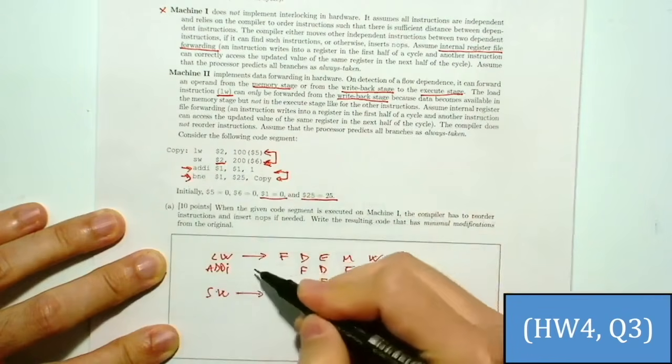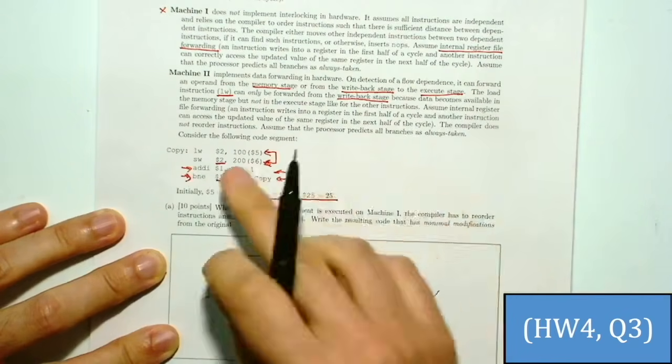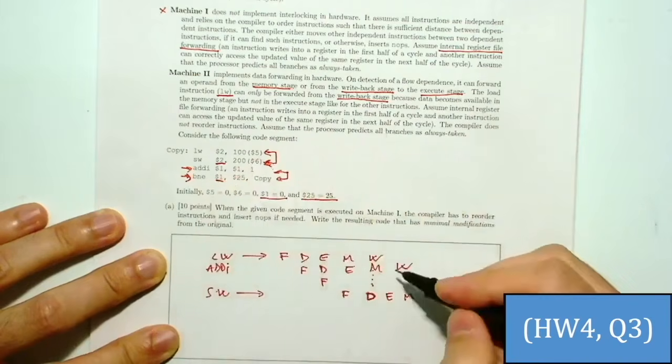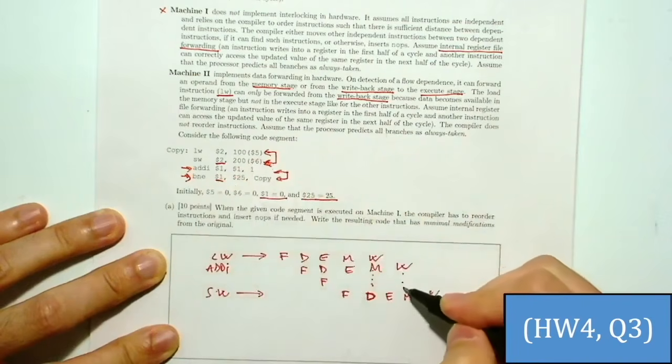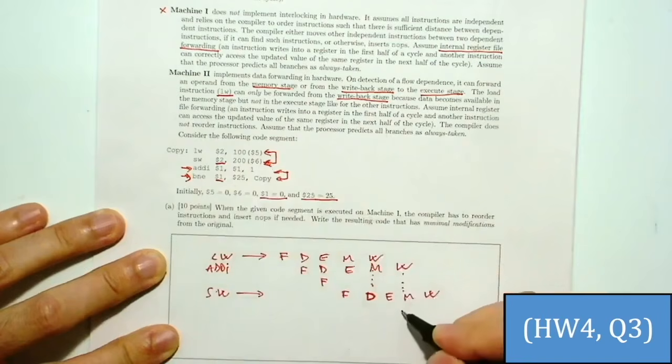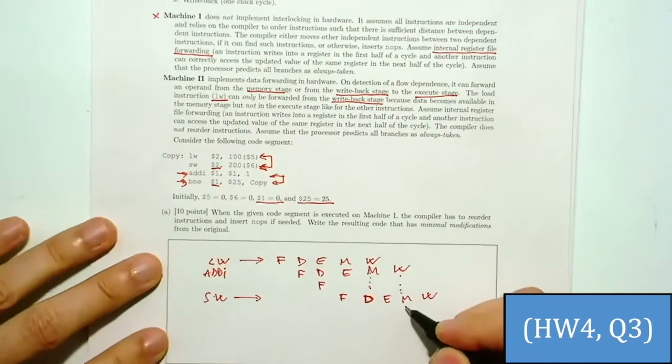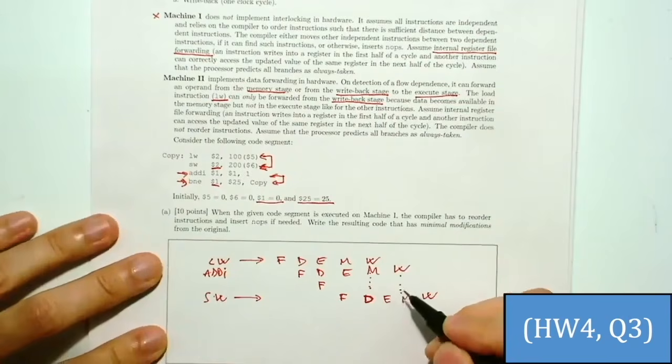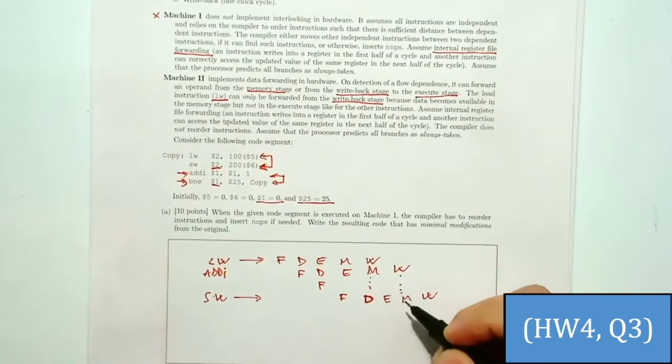So to read the content of register 1, you have to wait for this write back, right? So we will need to execute the decode in the write back. Let me check.